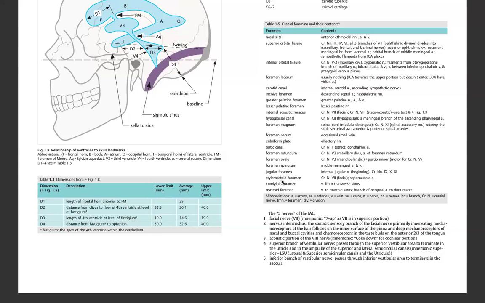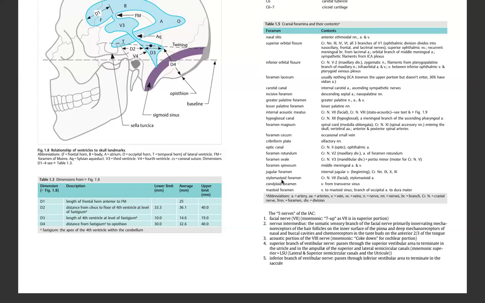And it supplies mechanoreceptors of the hair follicles and deep mechanoreceptors, nasal and buccal cavity, and chemoreceptors of the taste buds in the anterior two-thirds of the tongue. So it's actually an important nerve. It's important for taste sensation.